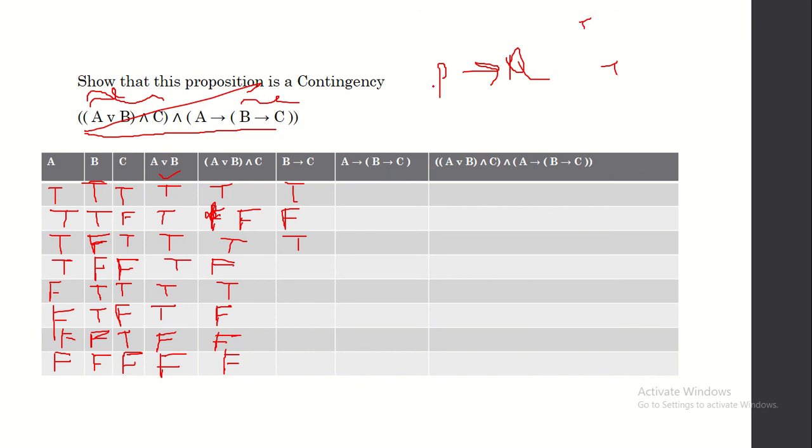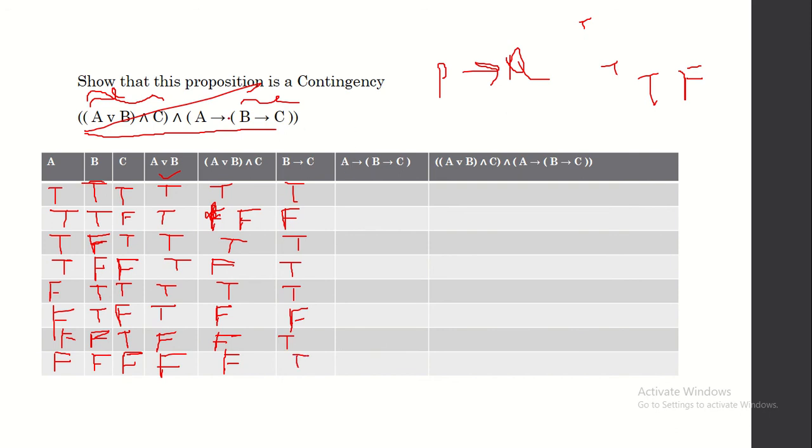It will only be false when P is true but Q is false. Only in that case P implies Q will be false. So here we are computing B implies C: this will be true, this will be false, this will be true, this will be true. As B is false, this will also be true, this will be false, as C is false but B is true. Now the last two are true.